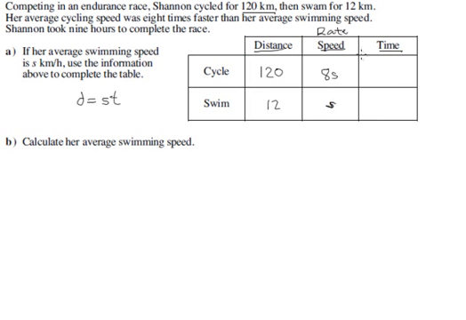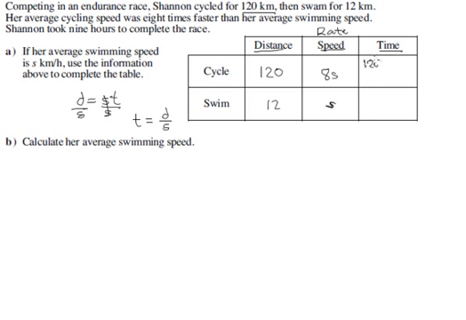Now, they don't have to tell us anything else for us to fill in these times here because we have our trusty formula. If you take this and solve it for t, there we go, the time it takes to go someplace equals the distance you're going divided by your speed. We can use that to fill these in. The biking distance was 120 and the speed was 8s.